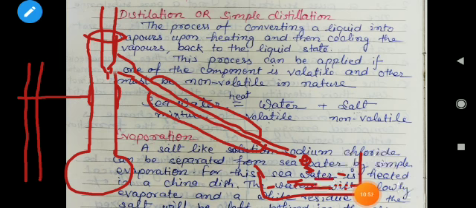In case of seawater, students, which we are going to separate by the distillation method, the impure solution is taken in a glass flask, that is known as the distillation flask, and it is provided with a thermometer. The flask is heated from below.